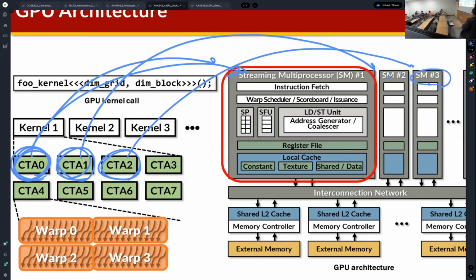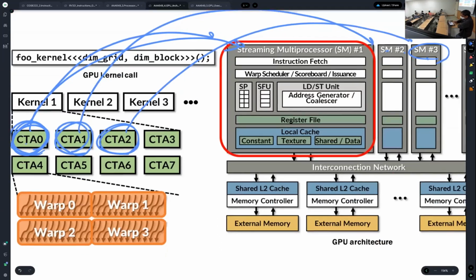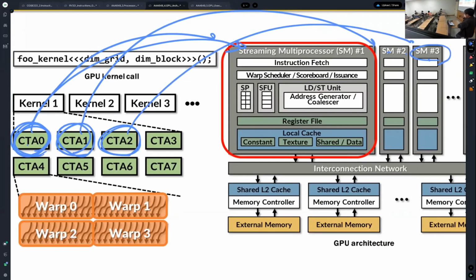You can see these CTAs are assigned to multiple SMs. And when the CTA is assigned, we also know that the CTA generates multiple threads, and the GPU groups these multiple threads into a warp.